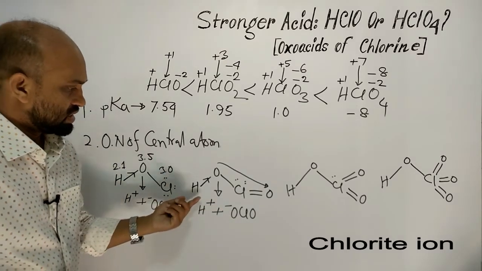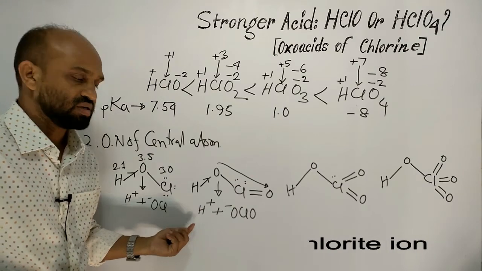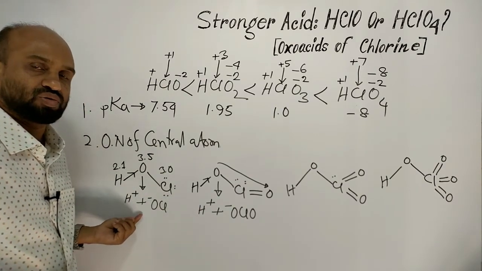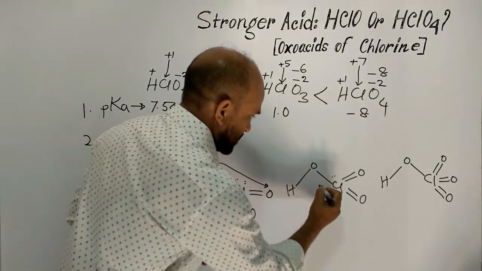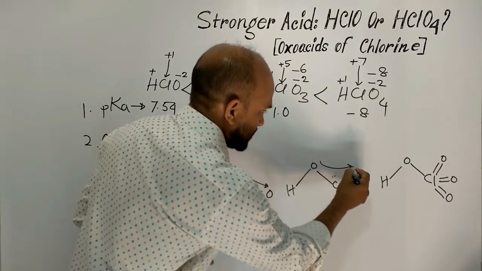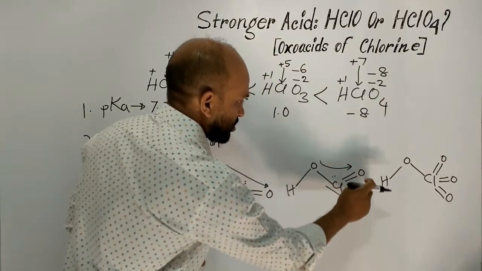So in this compound hydrogen is freed as proton more easily than in the previous compound. Let's see the next one. Here there are 3 electronegative atoms, with 2 additional oxygen atoms.